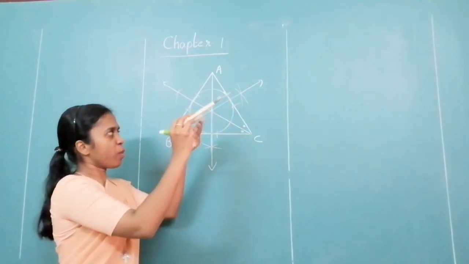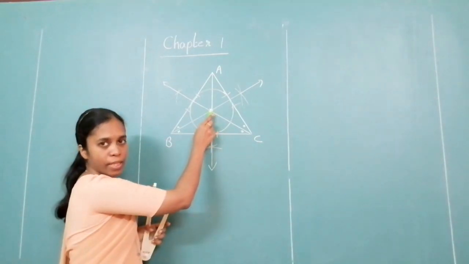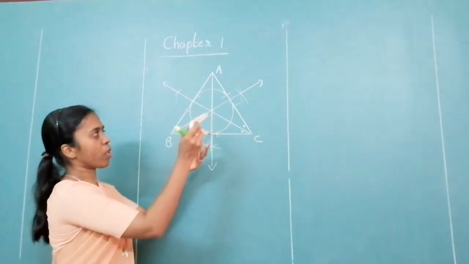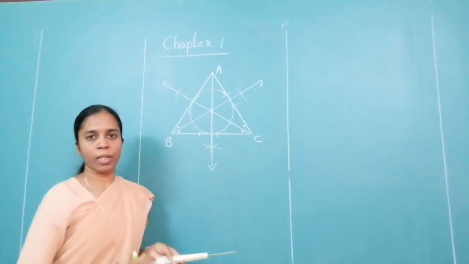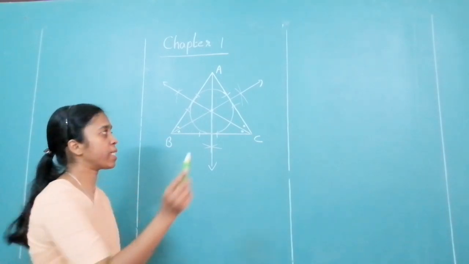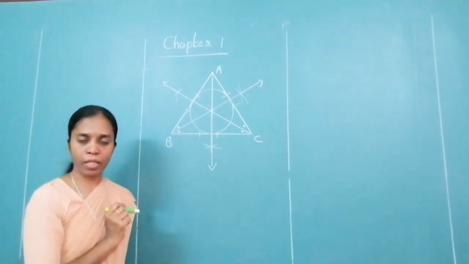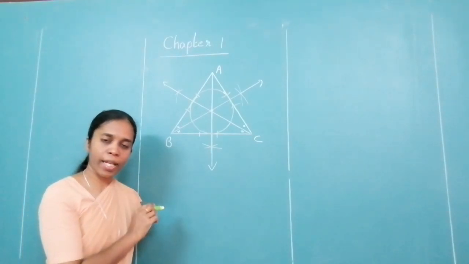With that measure, I drew a circle considering this as my center, and this measure as my radius. Now look at the circle. Where is the circle? The circle is inside the triangle.